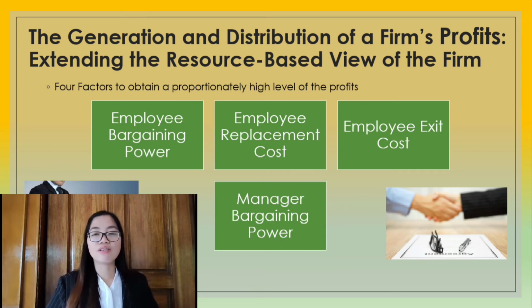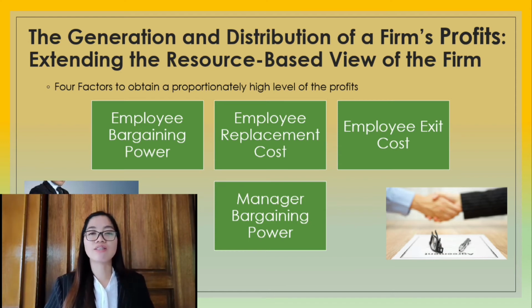Thus, these four factors help explain the extent to which employees and managers will be able to obtain a proportionately high level of the profits that they generate. First, employee bargaining power. If employees are vital to forming a firm's unique capability, they will earn high wages.